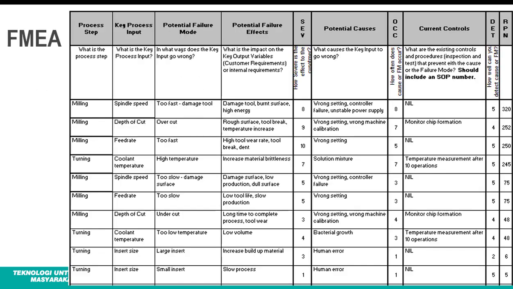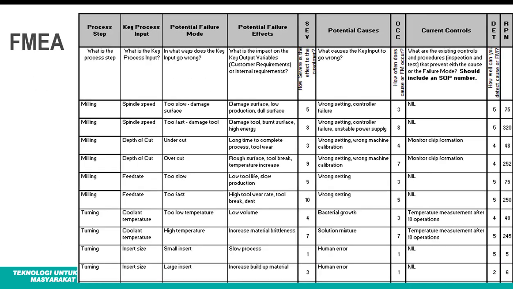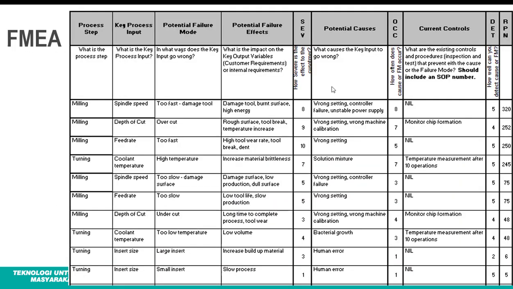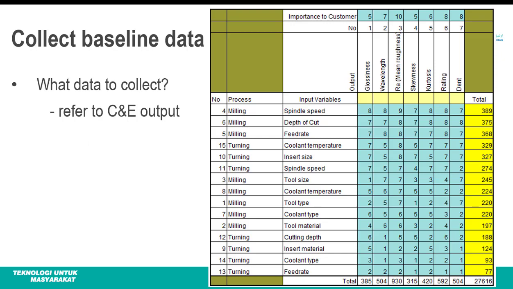Okay, so to determine the type of data, we need to look back at our cause and effect matrix. From the cause and effect matrix here, there are a few outputs that we already determined earlier. For us to collect the data, we look at the highest total output score.